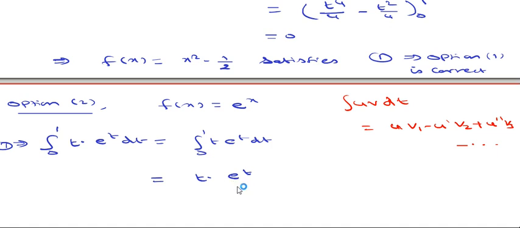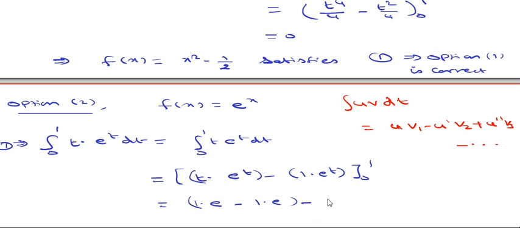So we get t times e power t by 1 minus the differentiation of t, which is 1, into e power t, with the limit 0 to 1. So we get 1 times e minus 1 times e for the upper limit, minus the lower limit, which is 0 minus e power 0.